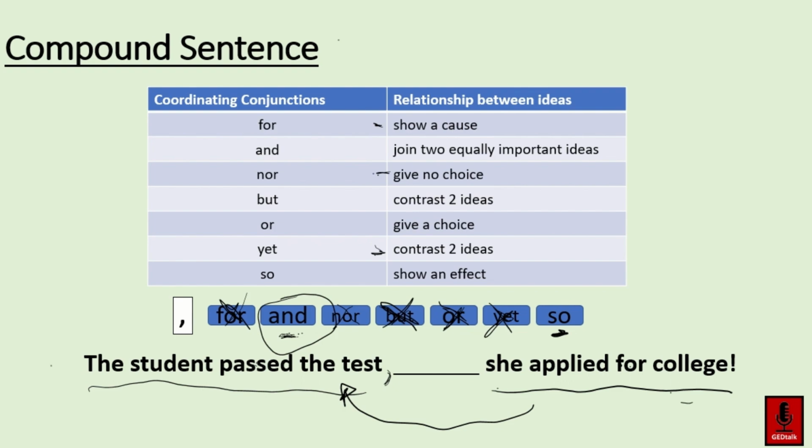They're equally important. However, when we use so, it shows that this compound sentence, these two independent clauses being brought together, are showing that cause and the effect. So out of the two, I would go with so, but if you were to write and you used and, that is perfectly acceptable as well to create this compound sentence.